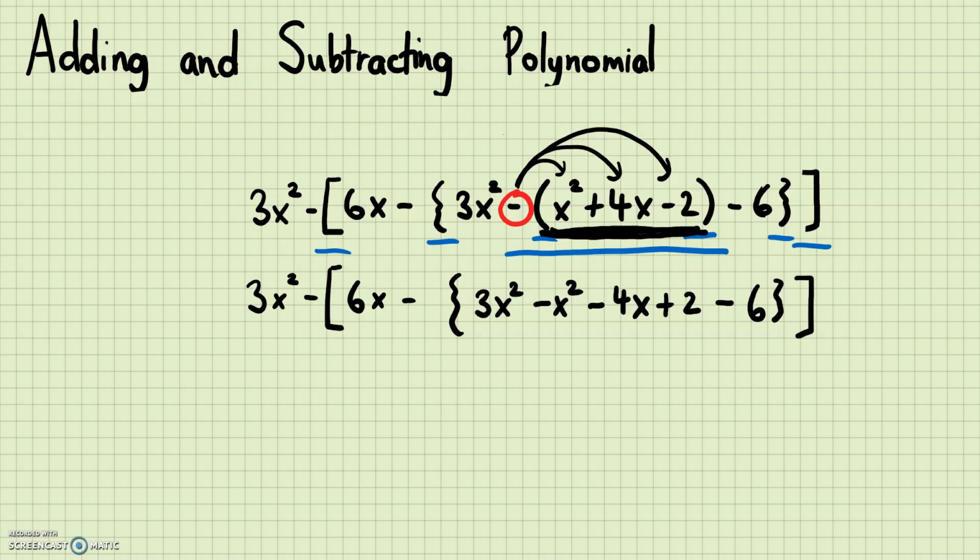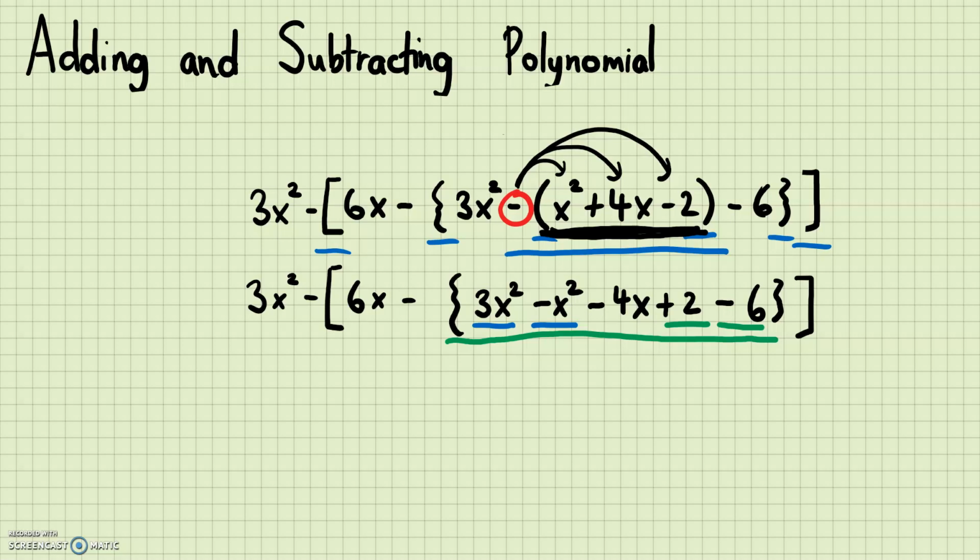All right, now again, we're focusing on the innermost parentheses, this part here. Can you simplify this part? Well, we have a couple of like terms. We have 3x squared minus x squared, and we also have positive 2 and negative 6 that we can combine.